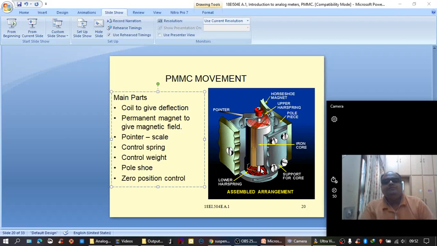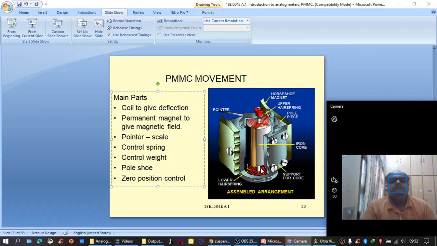What is the purpose of the control spring? Suppose, let us assume that the meter is connected to a circuit, and the circuit is switched on all of a sudden. When the circuit is in switched off condition, the meter is connected to the circuit and then the circuit is turned on. The pointer, initially, was lying at 0. When the circuit is switched on, some current starts flowing through the meter.